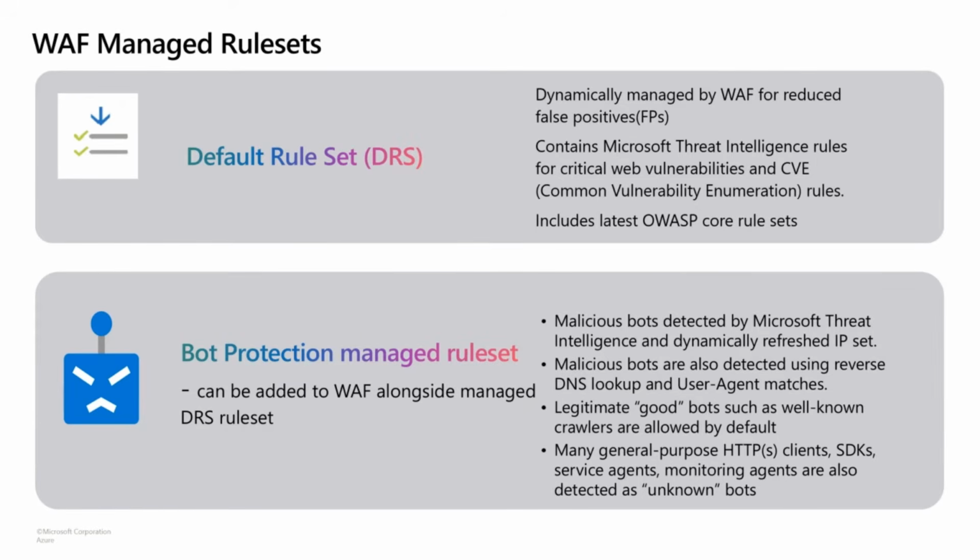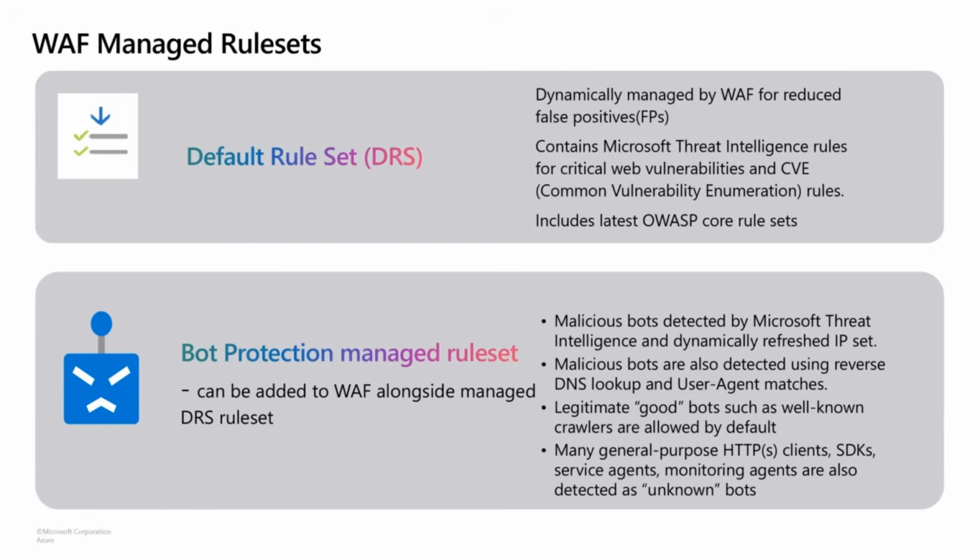Before the DRS, we had the CRS 3.2, but we always recommend to upgrade and use the latest rule set, which is the default rule set 2.1, and we'll get to see it more in detail in the next sections.